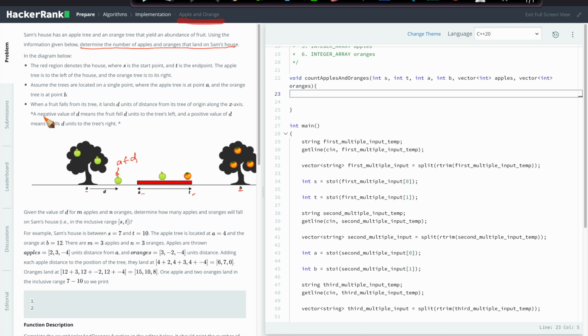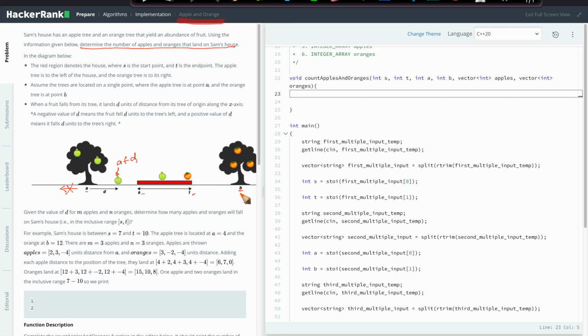Okay, so a negative value of d means the fruit fell d units to the tree's left, and a positive value of d means it falls d units to the right. Fine, that means here we are getting one clue. For the apple, if the d value is negative, it is falling like this, so we need not consider it.